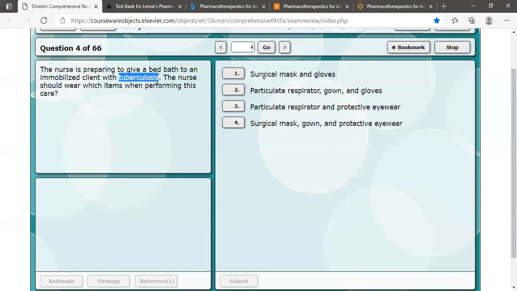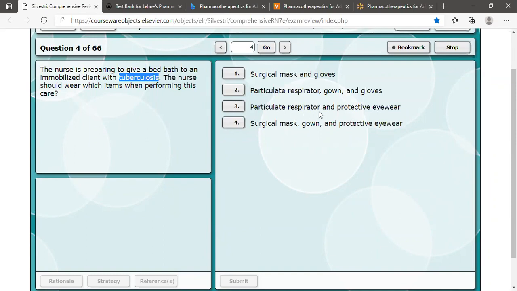So number one, surgical mask and gloves. Particulate respirator, gown and gloves. Right? So in case of airborne precautions like tuberculosis, measles, varicella, or smallpox, give them a private room, the door must be kept closed, N95 masks, and limit the transport.